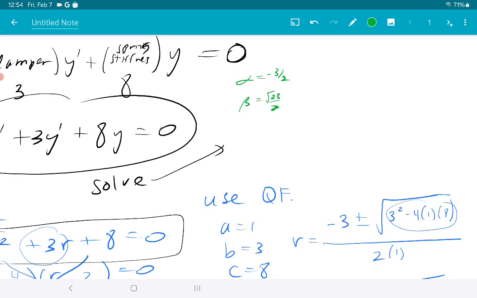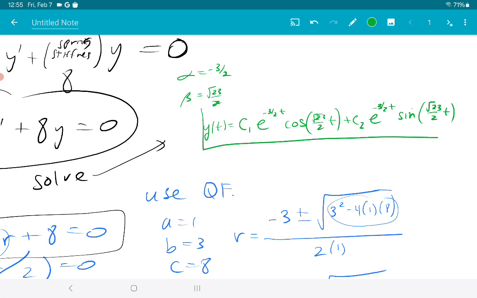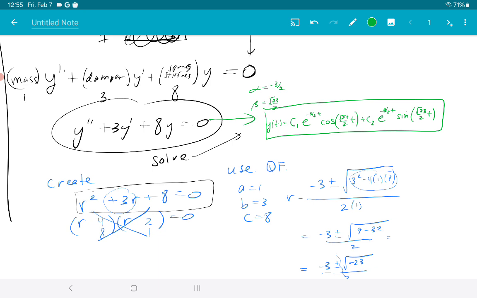And our solution is y of t, I should start with c1, our arbitrary constant, e to the -3/2 t, because that was the alpha, times cosine of square root of 23/2 t, because that was the beta, plus c2 e to the -3/2 t times sine of square root of 23/2 t. Good, that is the solution to this differential equation.